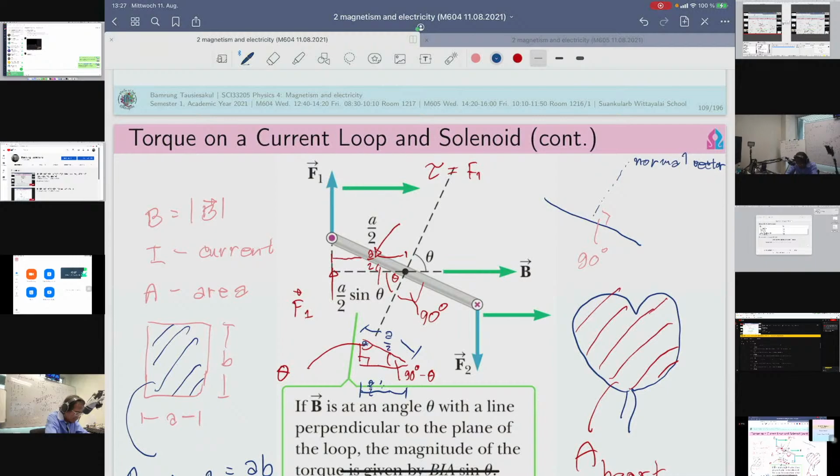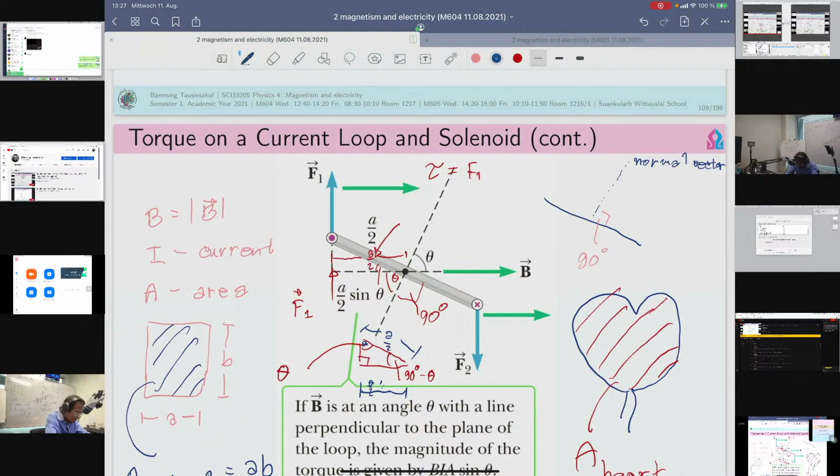And vector L has the magnitude given by this portion here, which is b, according to this configuration.